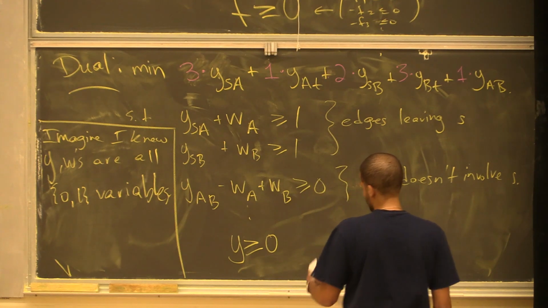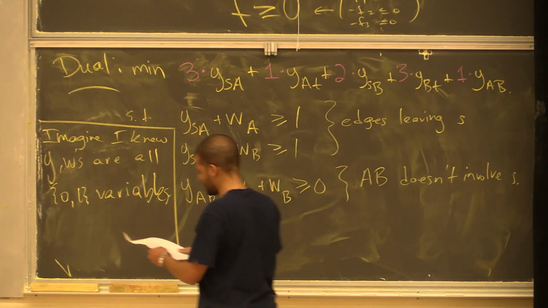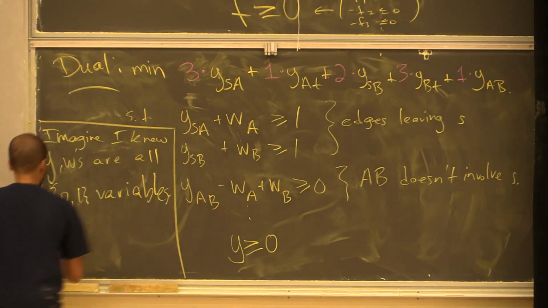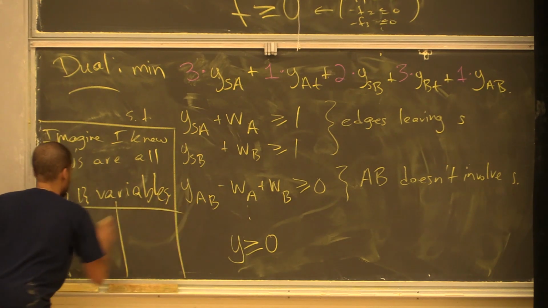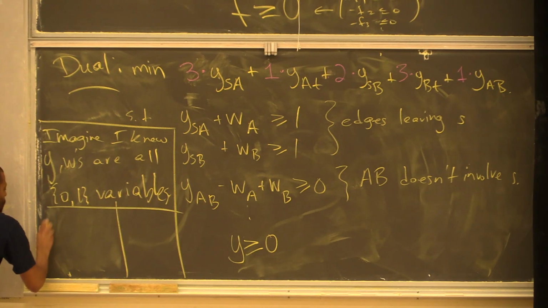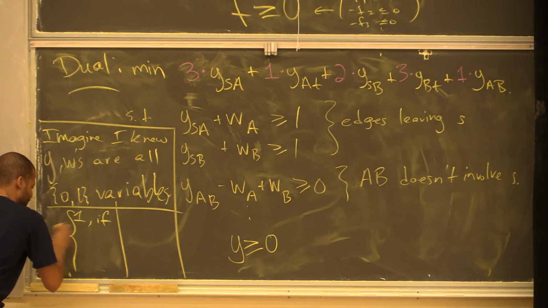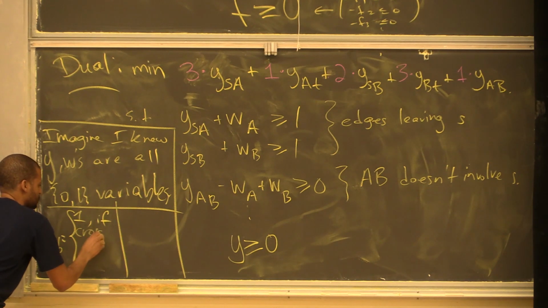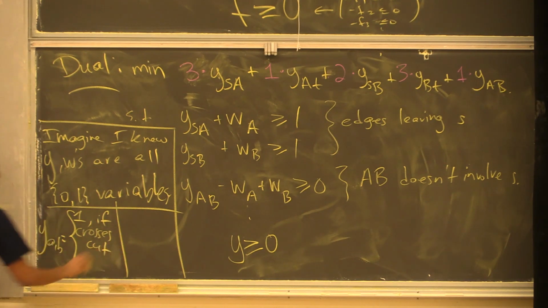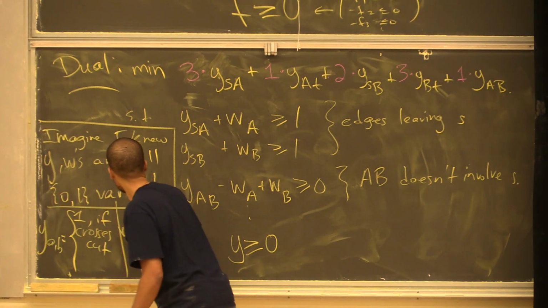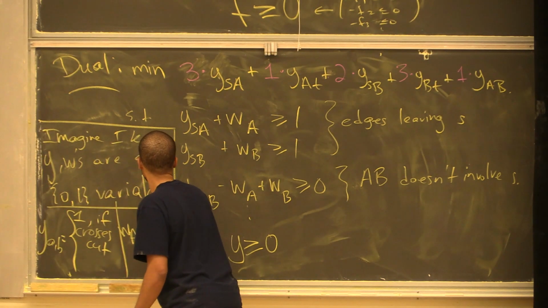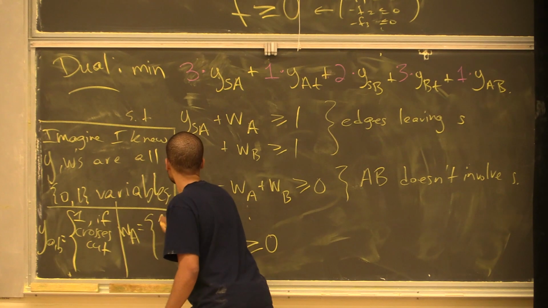If I knew that, then I could interpret them in the following way. I could say, look, YAB is equal to 1 if AB crosses the cut, and 0 otherwise. And WA is equal to 1 if A is on the S side of the cut.